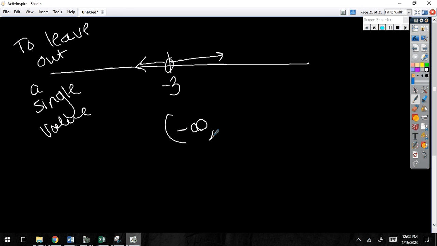And then it goes up to, well, but it stops somewhere. Where's it stop? -3, right? It stops at -3, but then it picks back up at -3, right? It just doesn't include it. So if you do this other parenthesis up to infinity, that back-to-back parentheses lets you leave out just one value. Does that make sense? Because it doesn't actually include it.